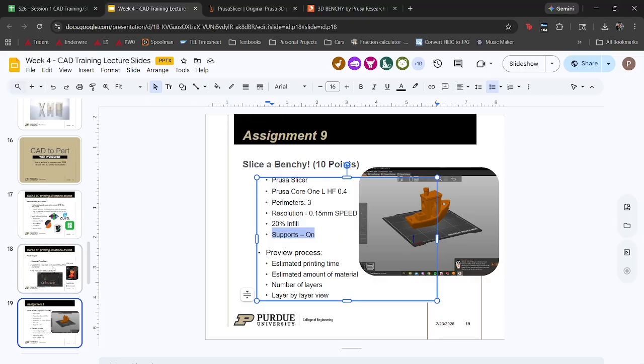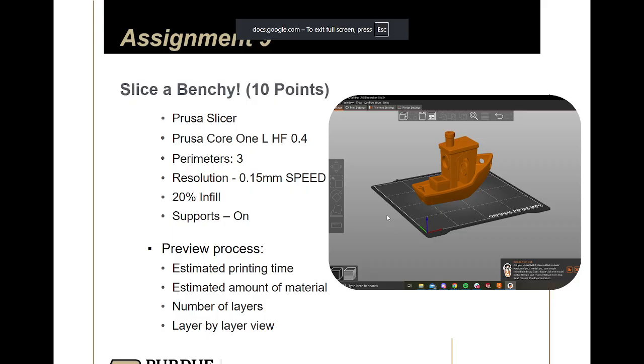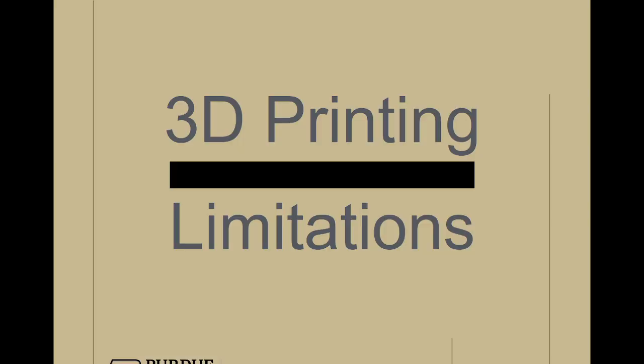So now that we have that finished, I'm going to talk a little bit more about the limitations to 3D printing. So we talked a little bit about supports, but now I'm going to go over some more limitations and other techniques that you can use to mitigate these limitations.